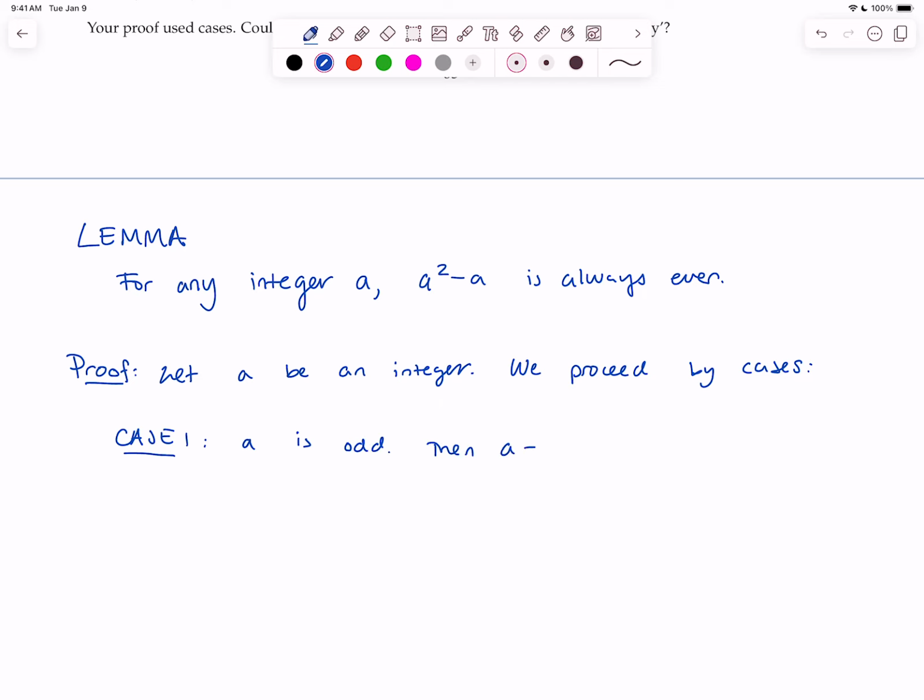So then we know that A is equal to 2k plus 1 for k in the integers. So then we just repeat the work that we did above. We know that A squared minus A is going to be (2k plus 1) squared plus, minus (2k plus 1).